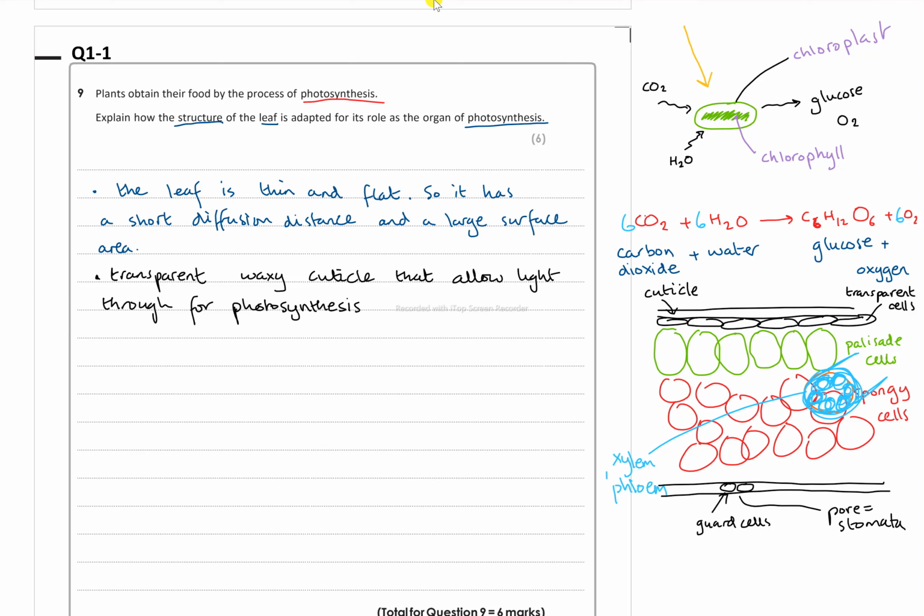There. Right. And it stops losing water vapor.